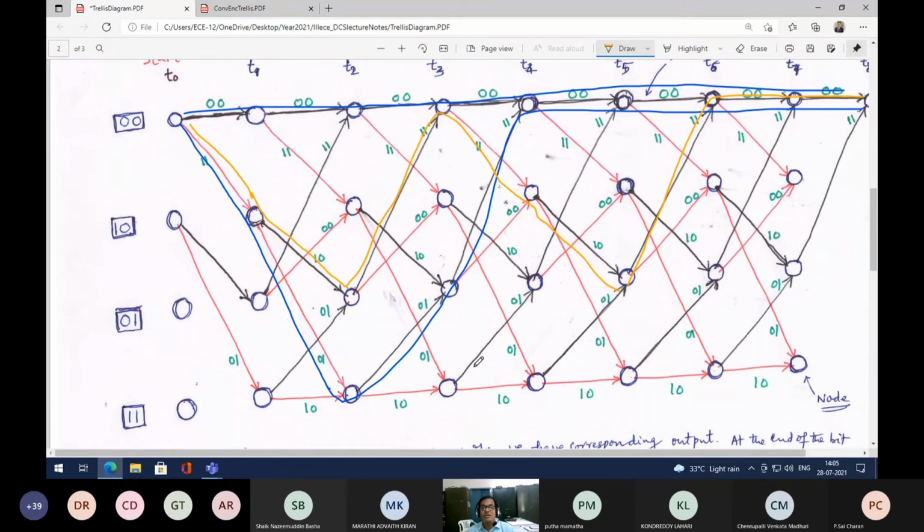Take the received sequence, take one code word and find out the minimum Hamming distance between these two. Likewise, you have to find the Hamming distance between the received sequence and all the possible code words we have. Whichever is showing the minimum Hamming distance will give you the closest transmitted sequence.